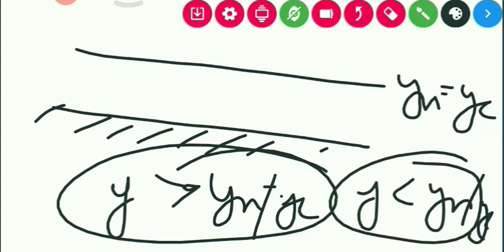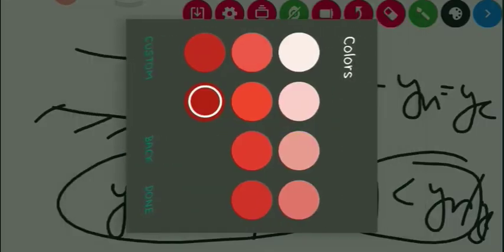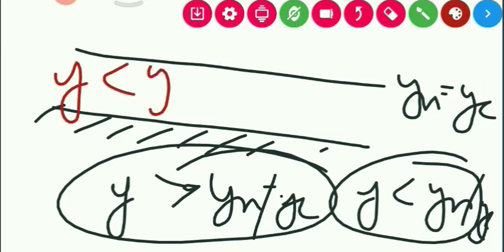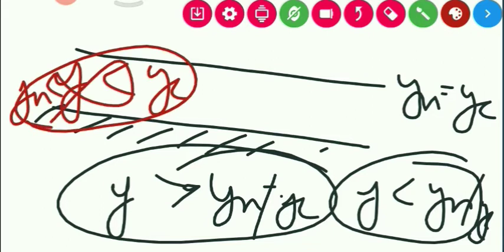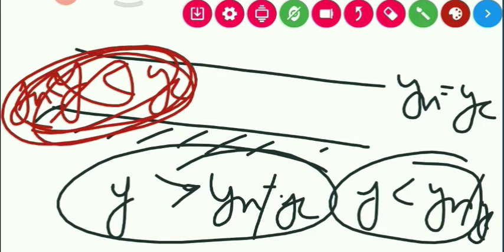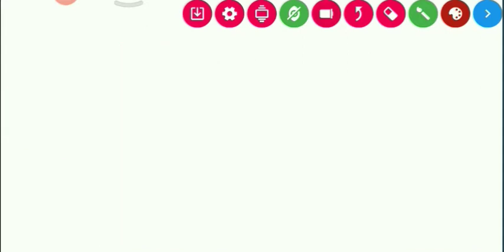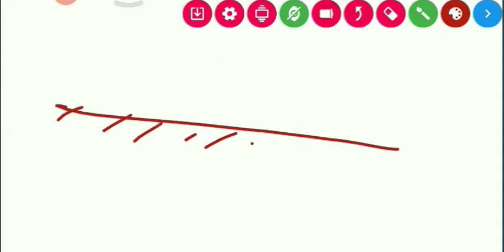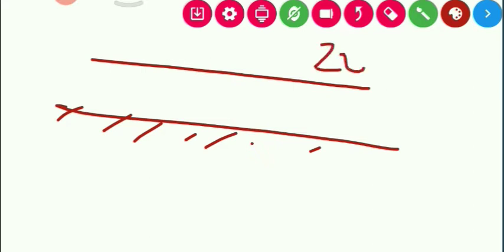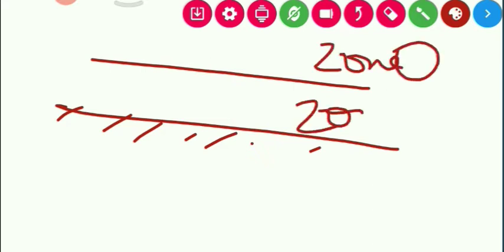There is no case in which y lies between yc and yn. This kind of case does not exist in critical slope. So in critical slope we have only two zones.